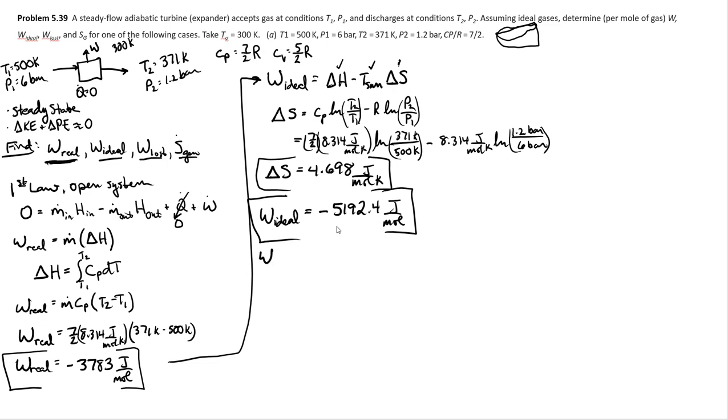Now the next thing we're asked to calculate is the lost work. Probably the easiest way to think about it: the lost work is equal to the real work minus the ideal work.